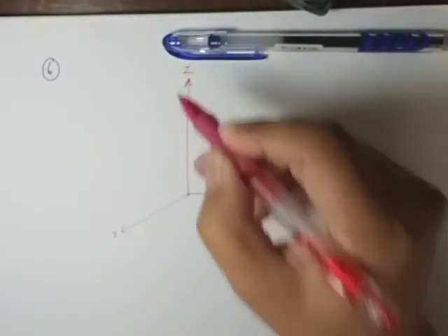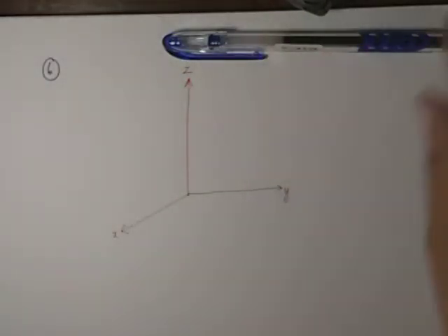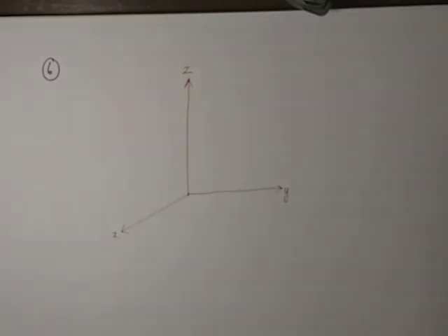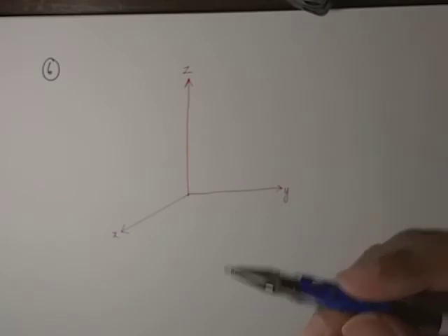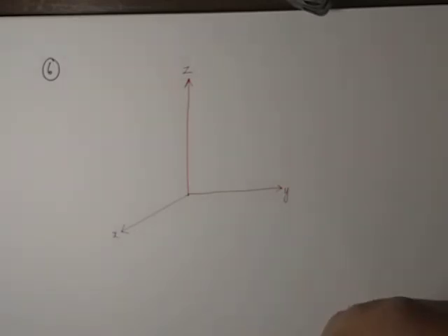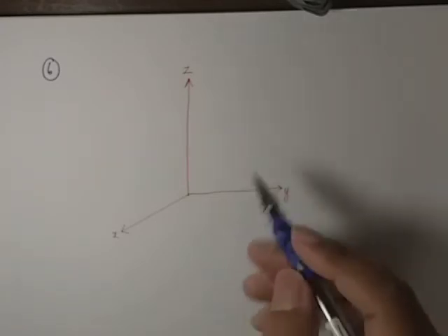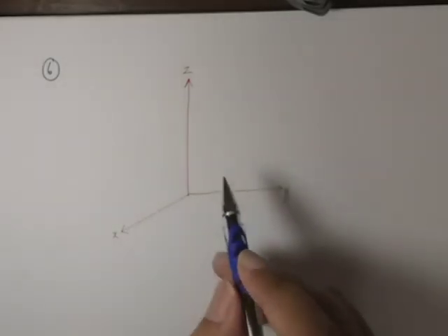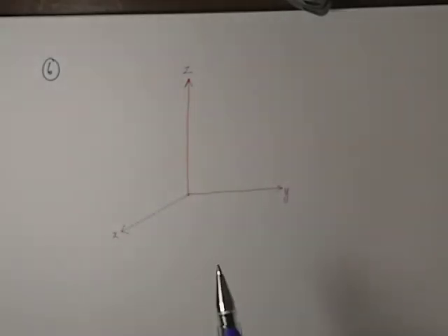What's stated by the question is that the axis of the ring must be along the z-axis. So it doesn't mention in detail the actual position of the circular ring. It just mentions the axis. So therefore, the axis must be on the z-axis.